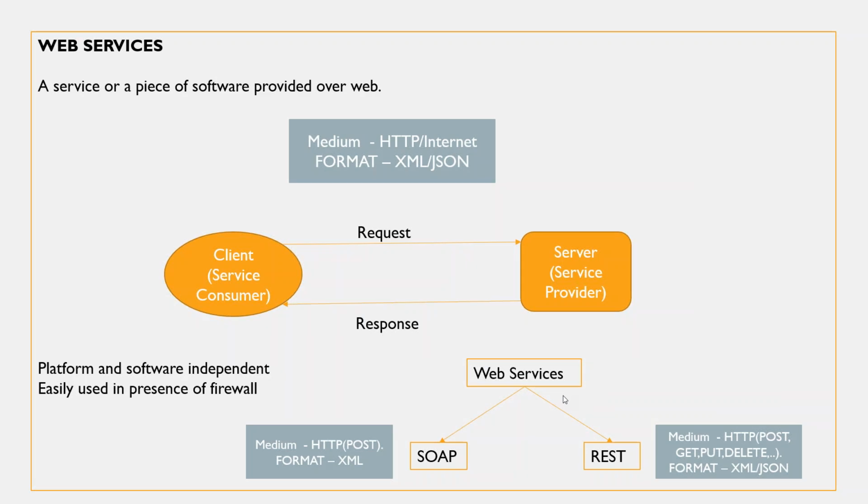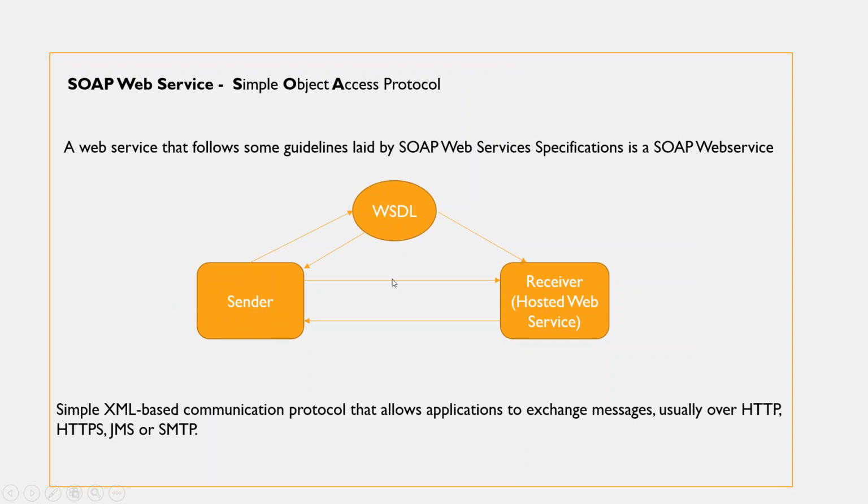Clear? So let's now discuss more about SOAP web service. What is a SOAP web service? A web service that follows some guidelines defined by the SOAP web services specification is called a SOAP web service. Now you might have a doubt: what are these guidelines and who defines them?